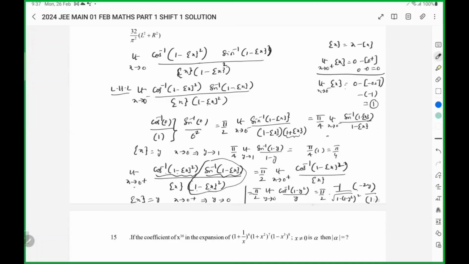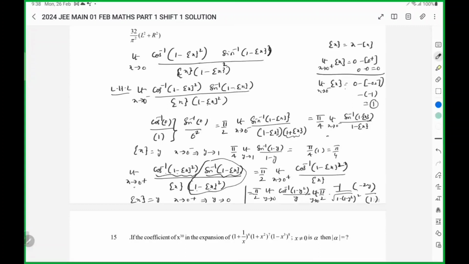So as y approaches 0, cos inverse 1 is 0 by 0 format.